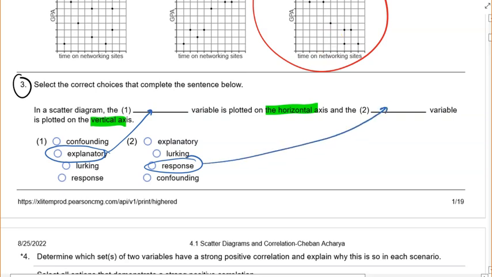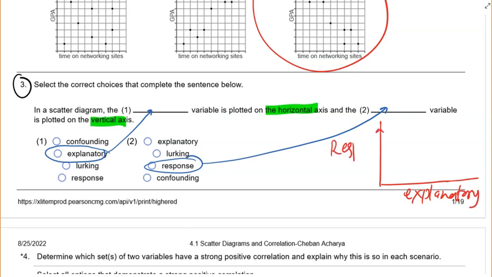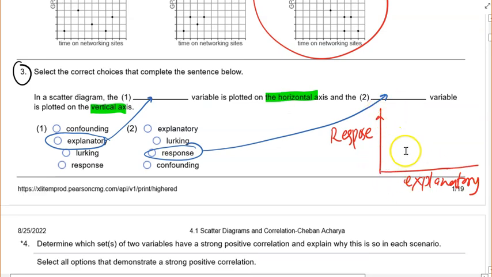This is the explanatory and this is the response. The response variable is on the y-axis, or vertical axis, and the explanatory variable is on the horizontal axis.